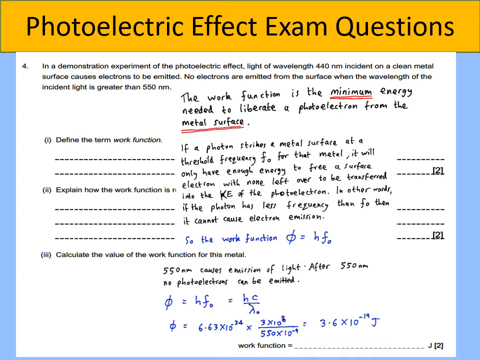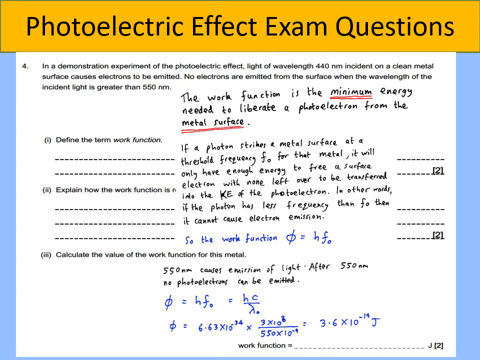So it is the 550 nanometers that we need to use, because it's asking us for the work function of the metal. Any wavelength greater than 550 nanometers won't work, so we have to choose 550. That will give us the value of the work function.